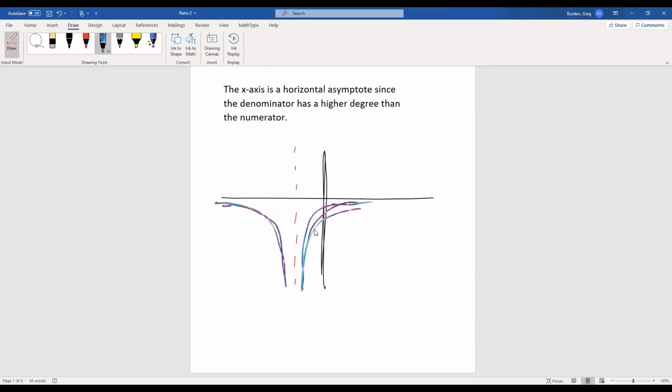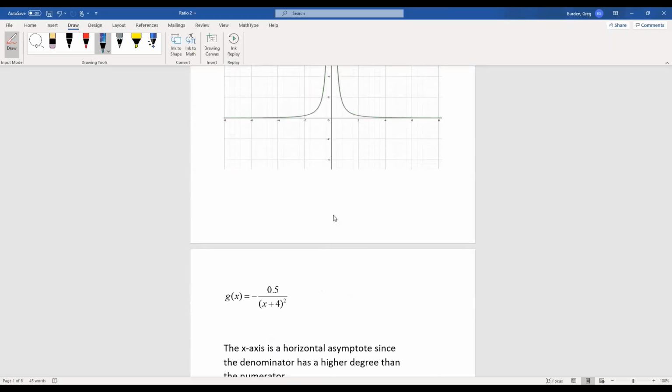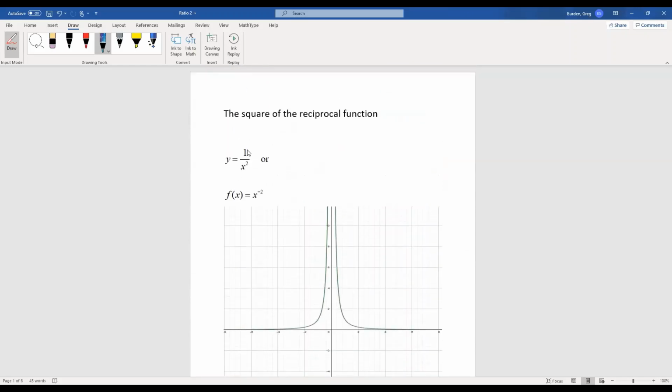What I was saying here is that in both of these cases, the numerator is constant, whereas the denominator is a variable, so it can change. If you have 1 divided by a number, it's going to tend towards 0 as that number gets bigger and bigger.